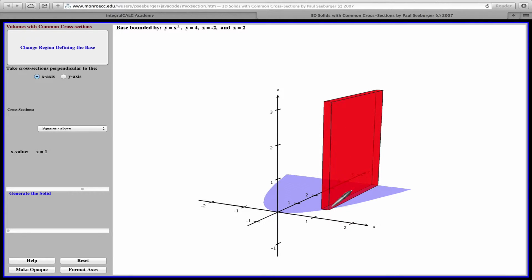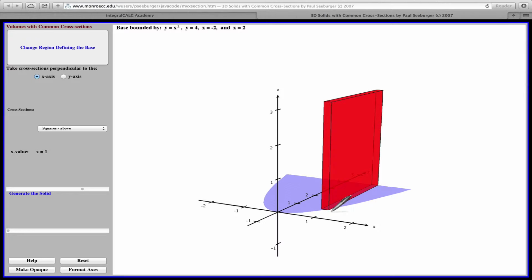So we can see that the length is going to be the upper curve y value minus the y value of the lower curve. Okay, so hopefully that makes sense to you. This y value here is going to be some value, and this y value here is going to be some value. To get this distance here, you just simply take the bigger y value minus the smaller y value, and that's going to give you this length.